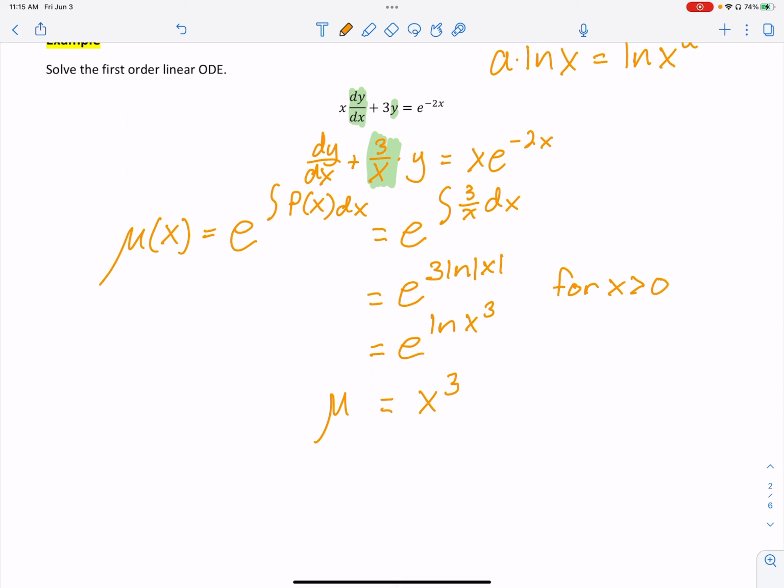I'm going to take now, so what we did, let's recap. Put it in standard form, or general form. That means dy dx up front has a 1 in front, nothing else. We identified p of x, which is what I highlighted in green there. Let me erase those. That was p of x. That goes right here.